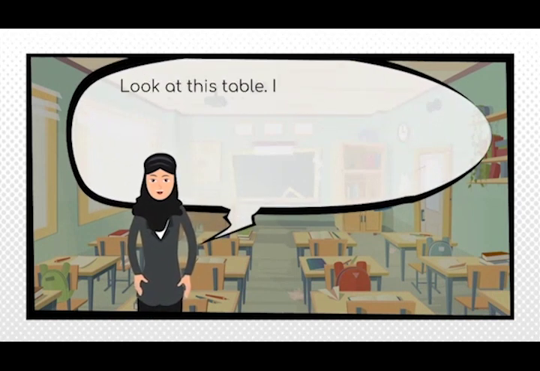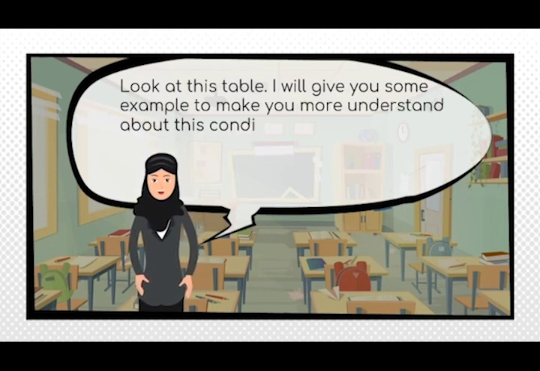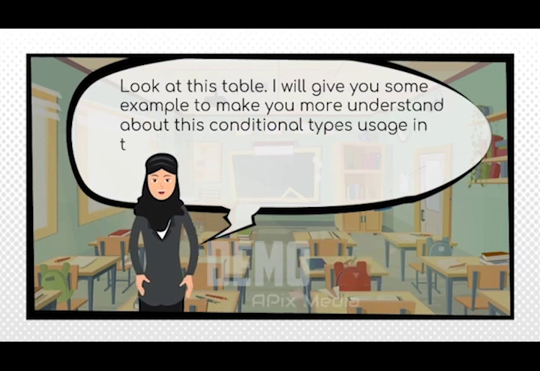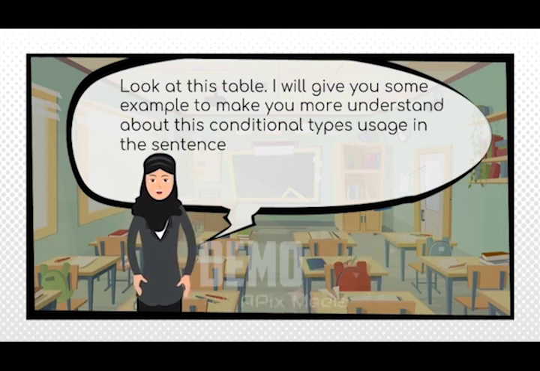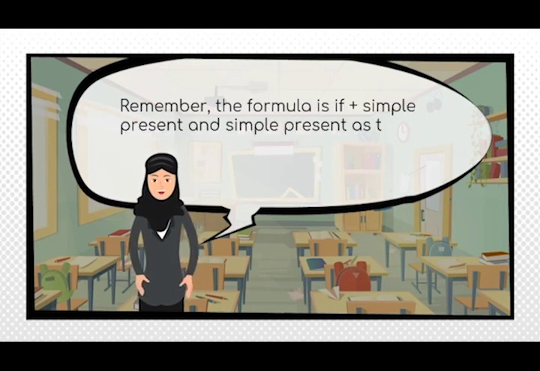Now, look at this table. I will give you some examples to help you better understand the usage of this conditional type in a sentence. Remember, the formula is if plus simple present, and simple present as the result too.